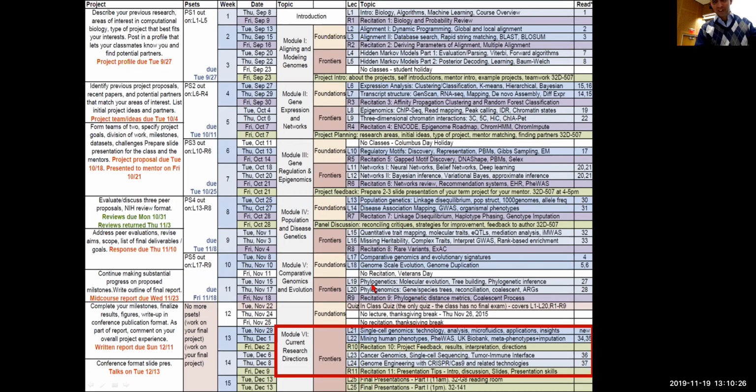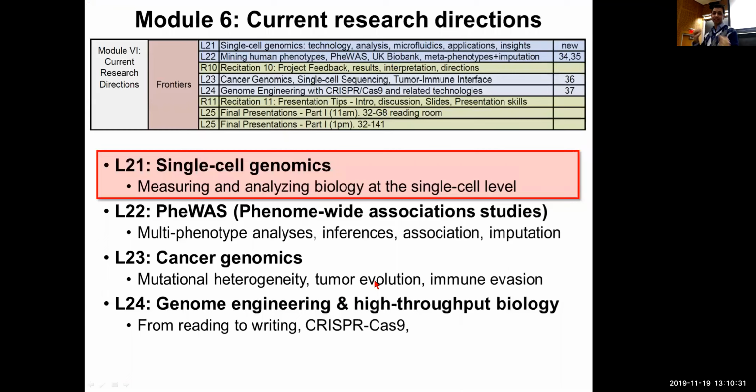All right, so the 4 lectures in this final module will be single-cell genomics today. Basically, how do we measure and analyze biology at the single-cell level? Then we're going to do, in some order, phenotype-wide association studies, basically looking at electronic health records and how do we deal with many phenotypes in the context of genetics, going beyond the single phenotype approach.